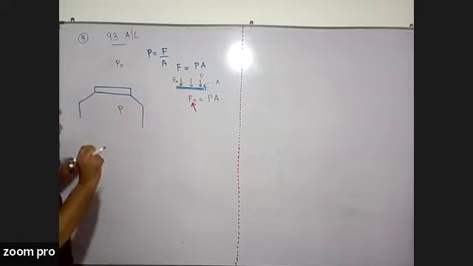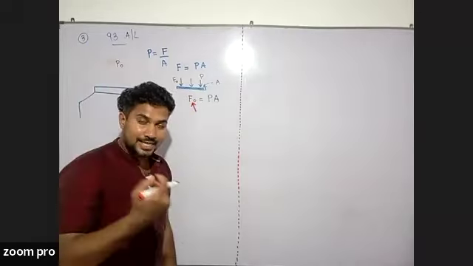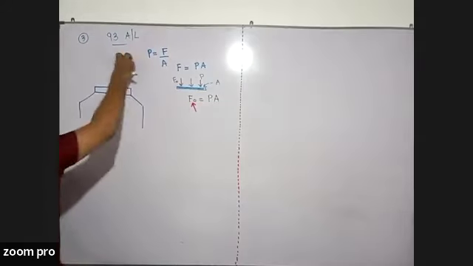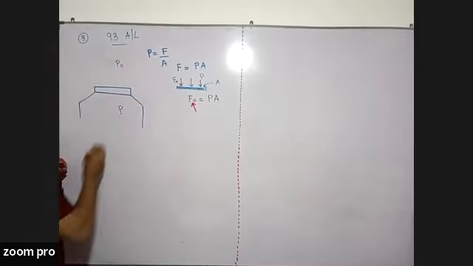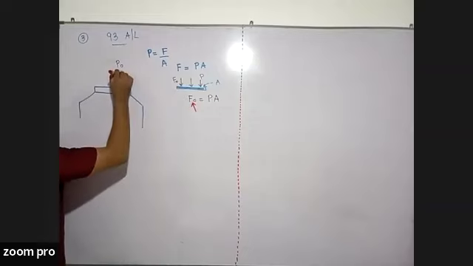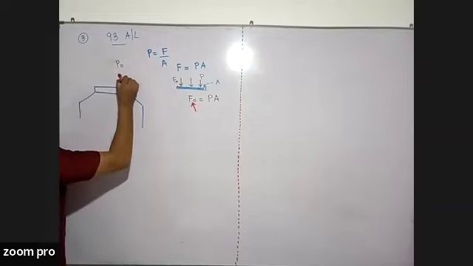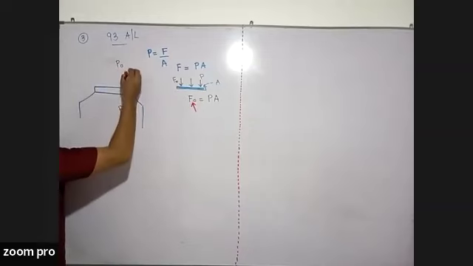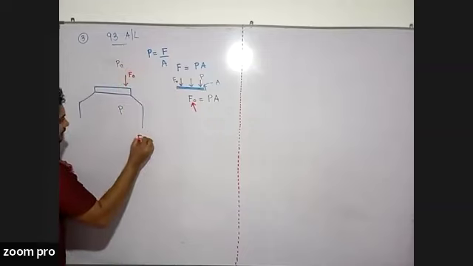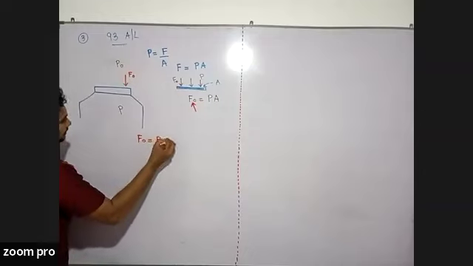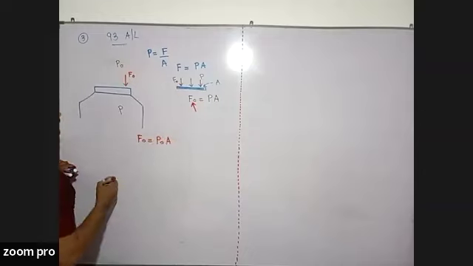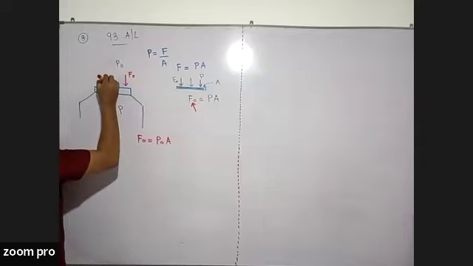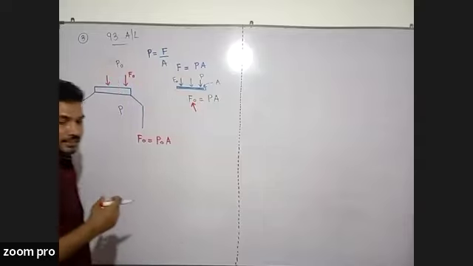Now you can figure out the force exerted by the atmospheric pressure on this lid. As I mentioned earlier, this pressure is exerted on the lid in a perpendicular way. Let's call that force F naught. So F naught can be obtained as pressure P naught into A, and this force is exerted vertically downward.